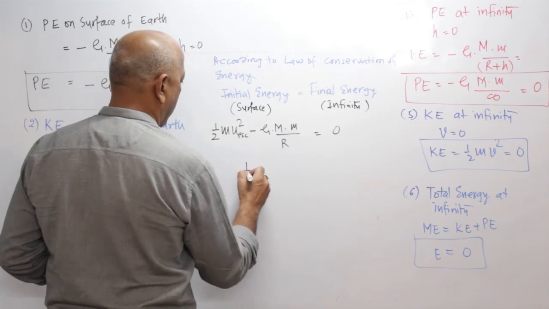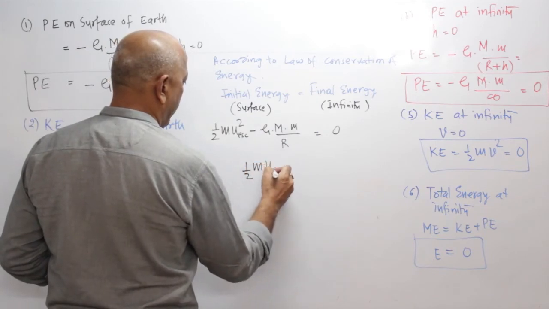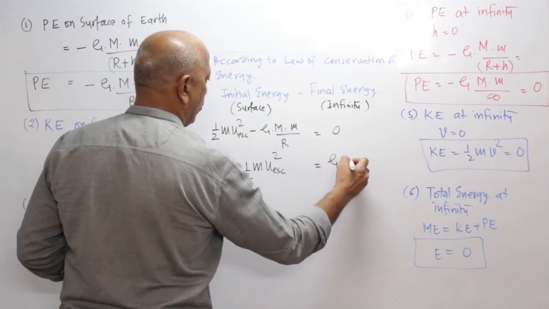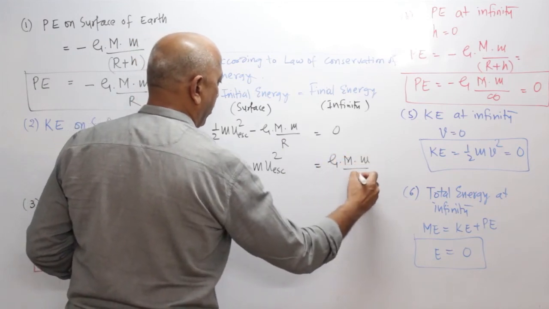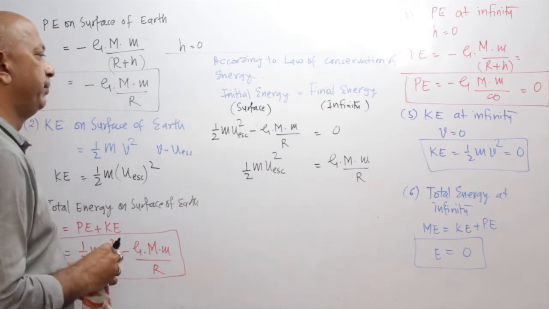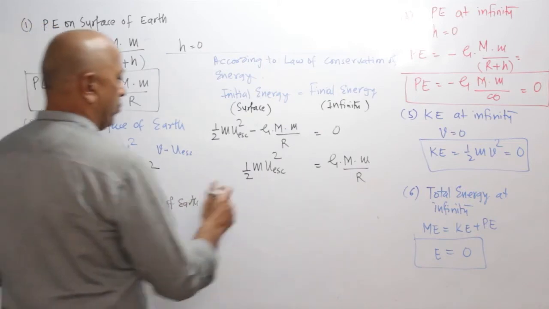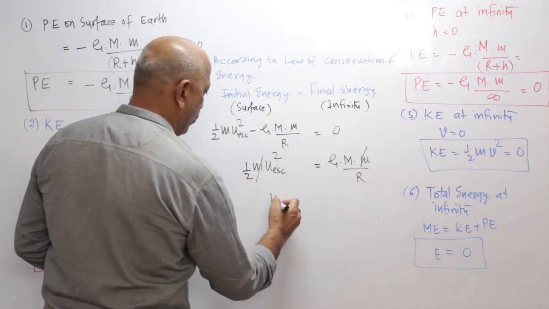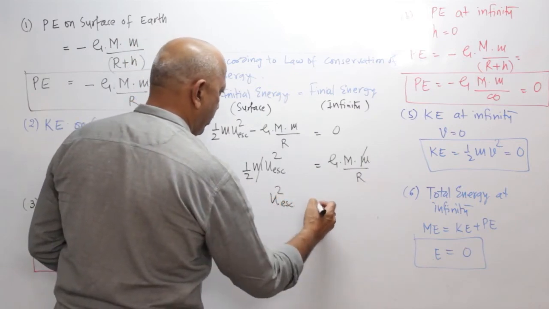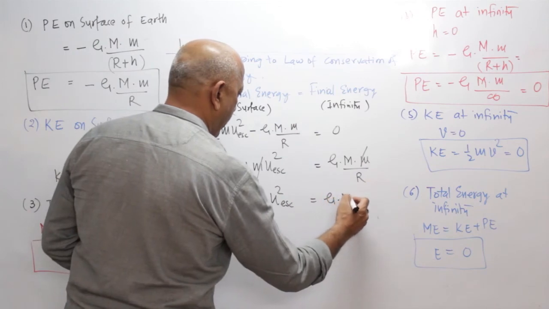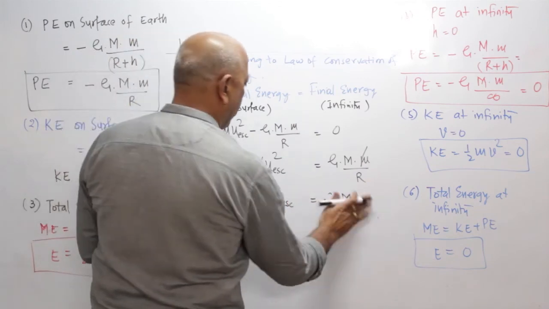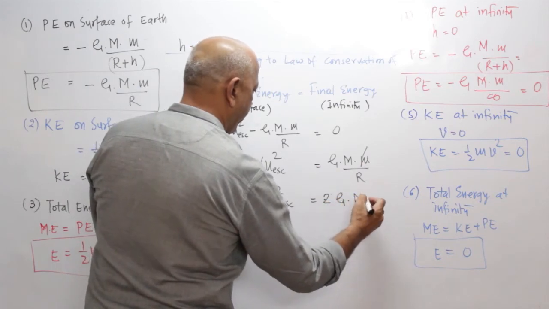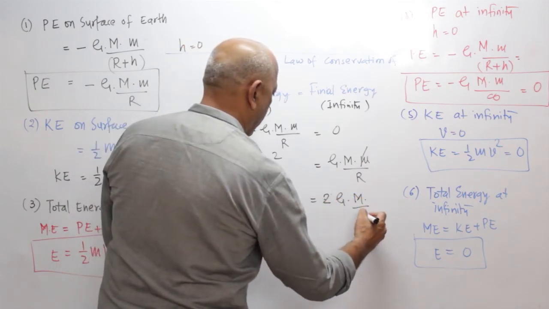So 1/2 m u escape squared is equal to GMm upon r. The m cancels with m. So u escape squared is equal to GM, and I'll take this 2 here: 2GM upon r.